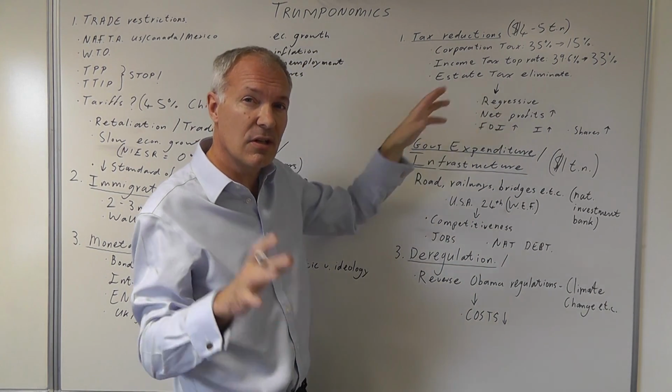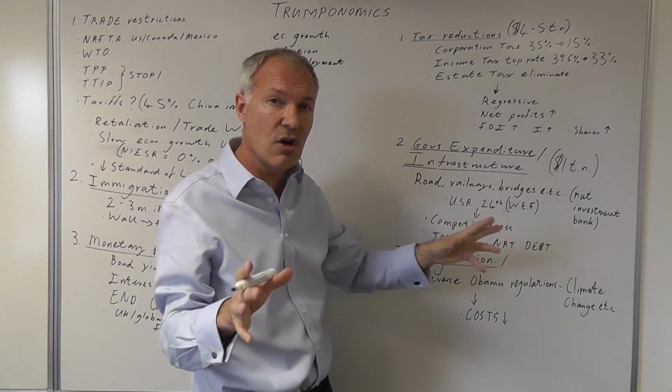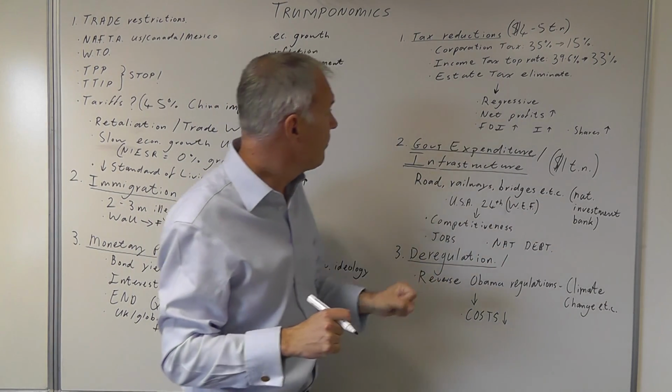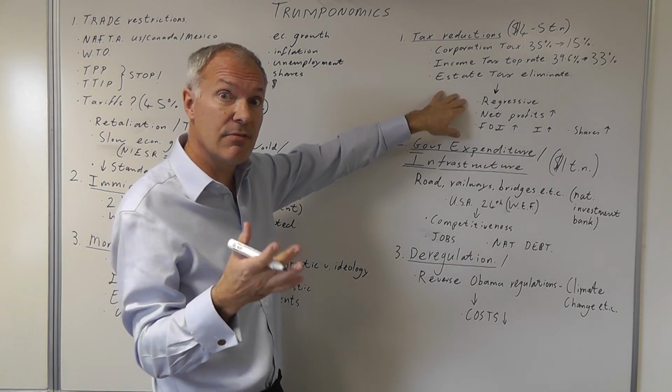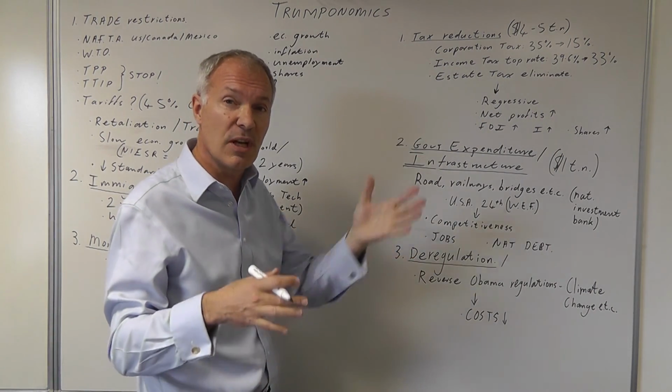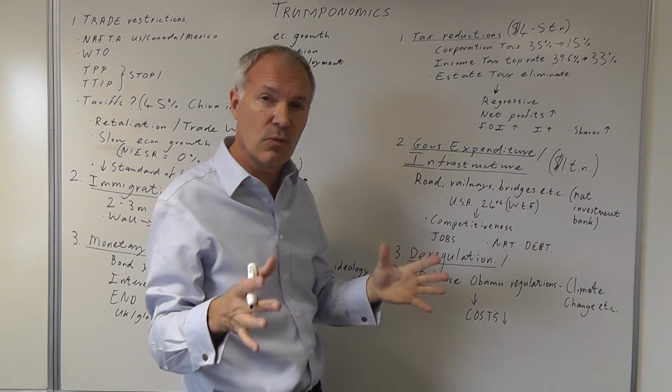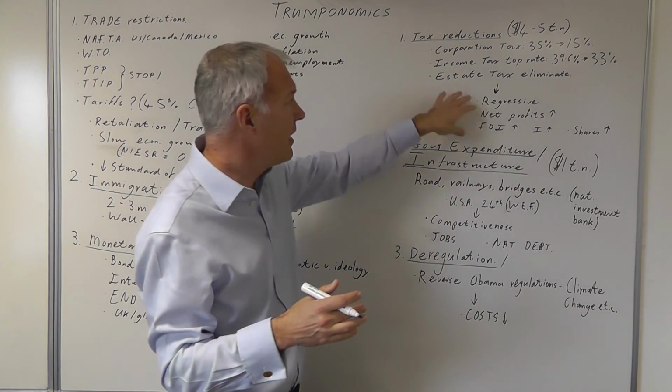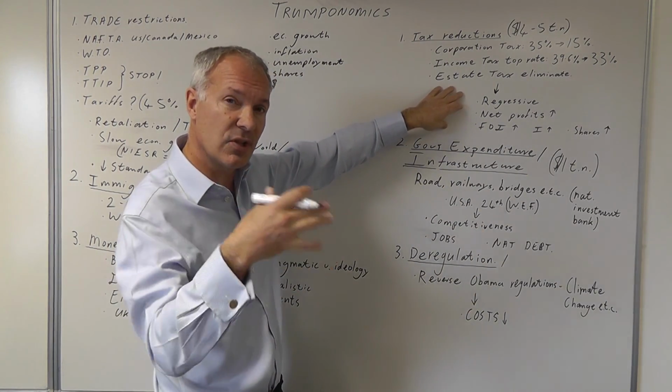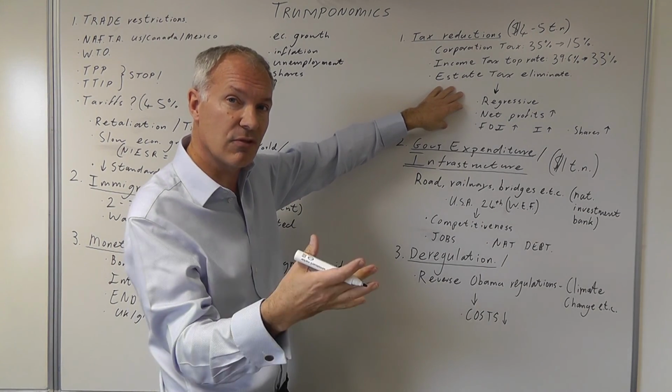Estate taxes are going to be eliminated on large estates. The effect of this, of course, is highly regressive, so that the rich will become richer and very little will accrue to the poor, depending upon what happens in the House of Congress and what he gets through.